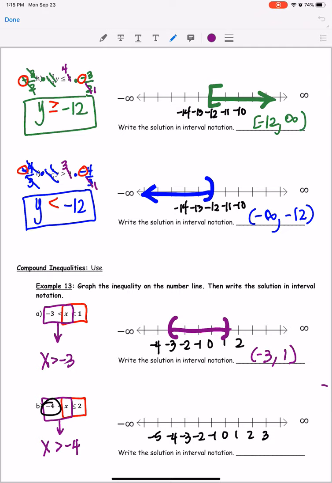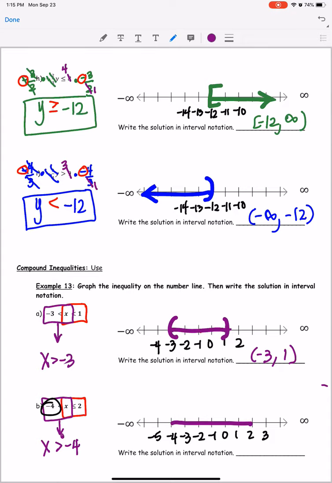My negative 4 is pointing this way, so from negative 4, it needs to go this way. My 2 is pointing this way, so it needs to go here. They're going to meet each other. So it's in between these two.